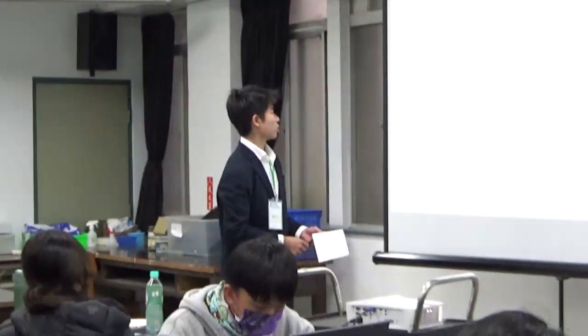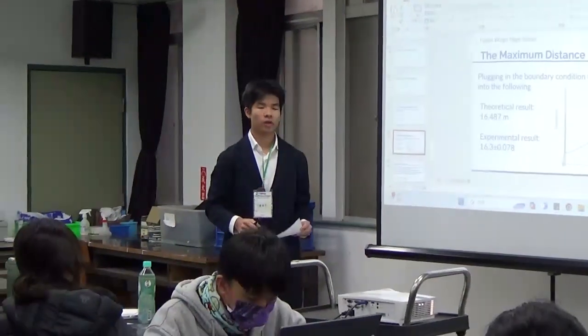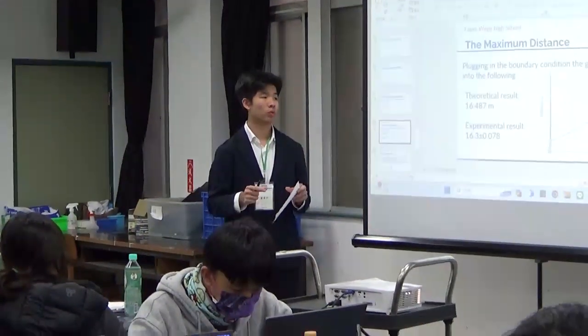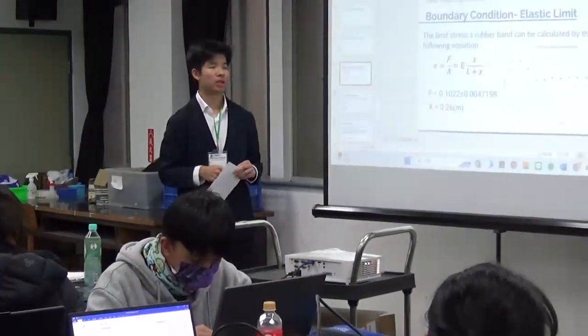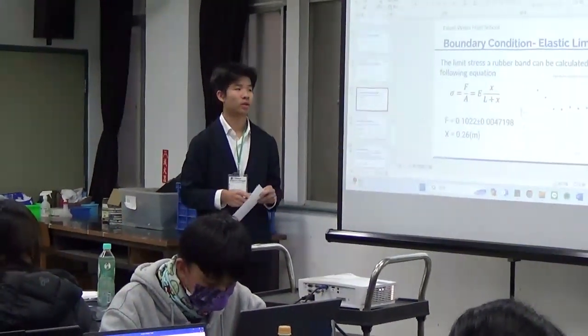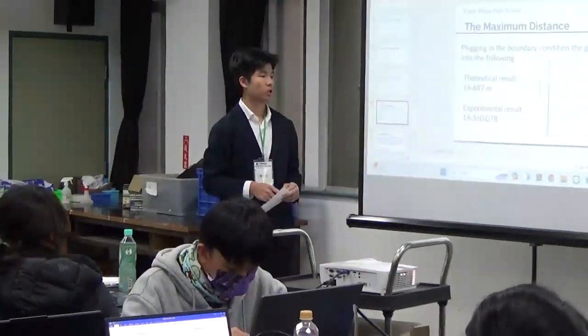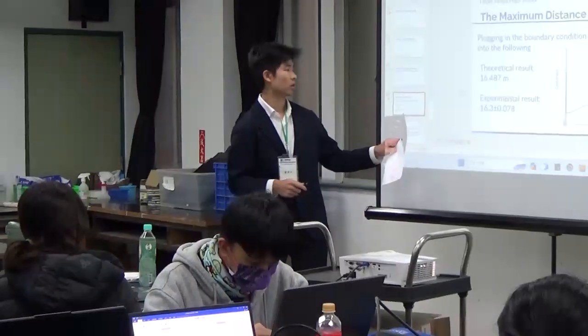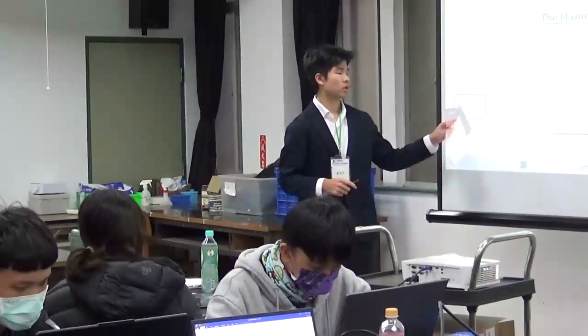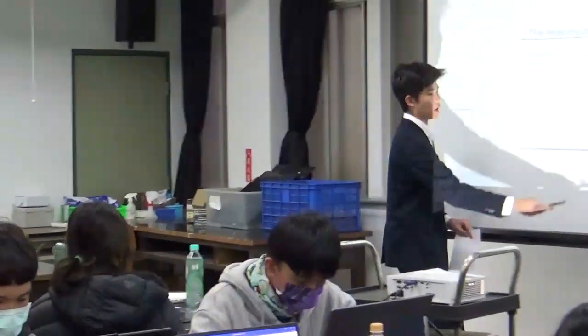So the key point is you use the boundary condition. Because we know that if the rubber band has been stretched for too long, it will lose elasticity, and it wouldn't have restored energy in it, and so that is our boundary condition, so we plugged it into the distance that we have previously derived, and so that we can draw a line through.